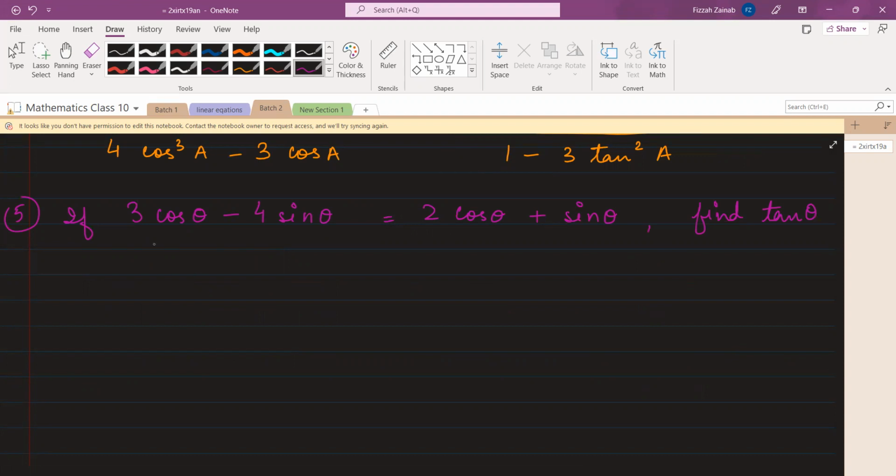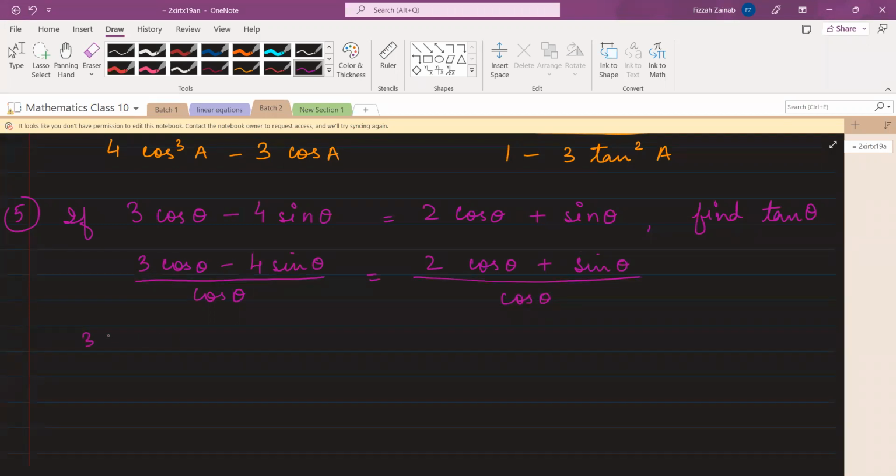So first of all, you can divide throughout by cos theta. Any issue? Both sides we can divide by cos theta, because sine theta upon cos theta is tan theta. So we are trying to bring it in the form of tan theta. So both sides I'm dividing by cos theta.